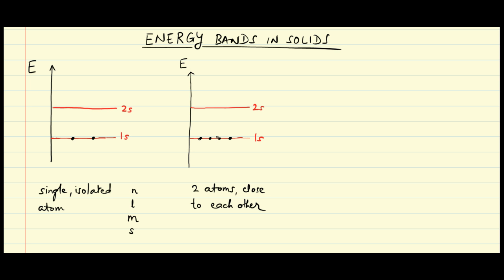One might imagine, for example, that in the new energy level diagram, the energy levels of 1s and 2s are identical to the corresponding energy levels for a single isolated atom.